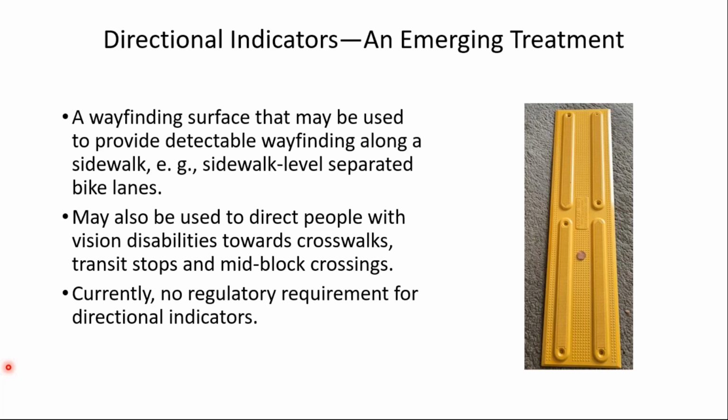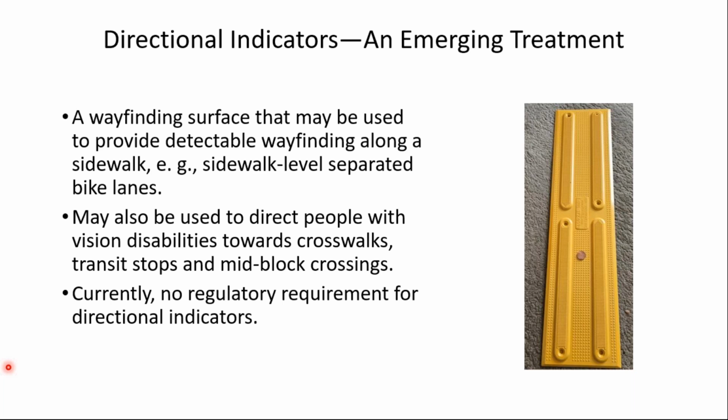A second type of tactile warning surface indicator is what's called the directional indicator. It's to provide information to the visually impaired to help them navigate along a sidewalk and say not go into a bike facility. Or they can also be used to direct the visually impaired toward a mid-block crosswalk, for example.